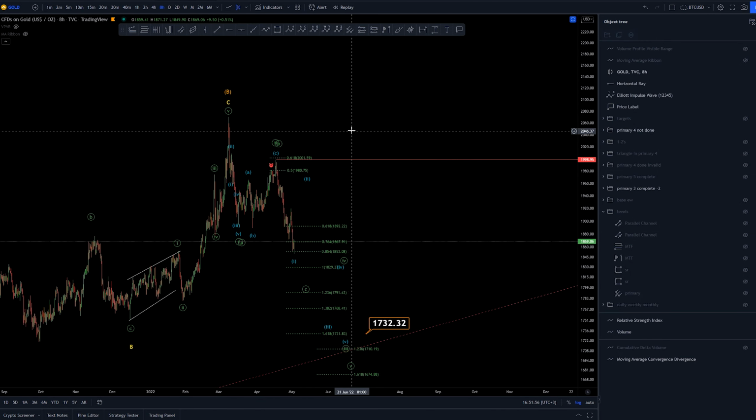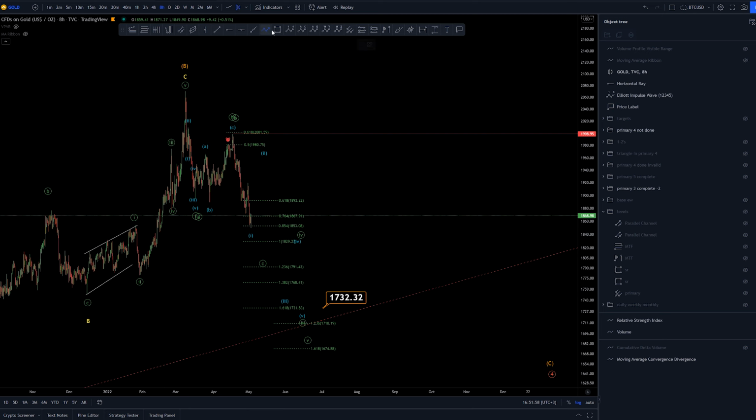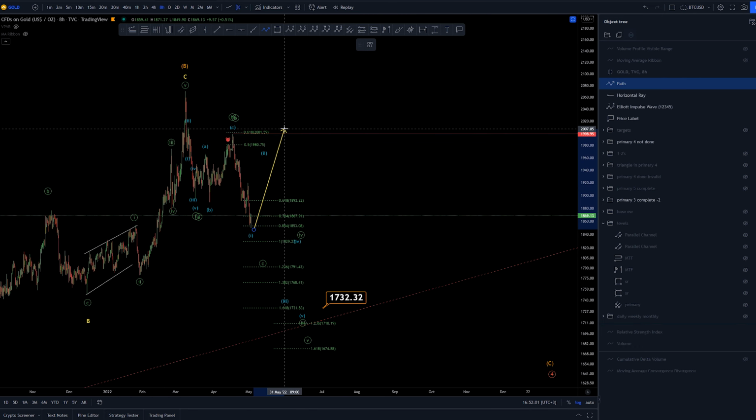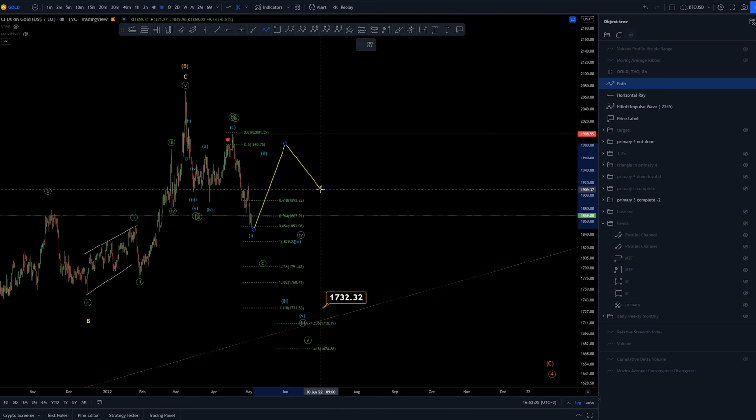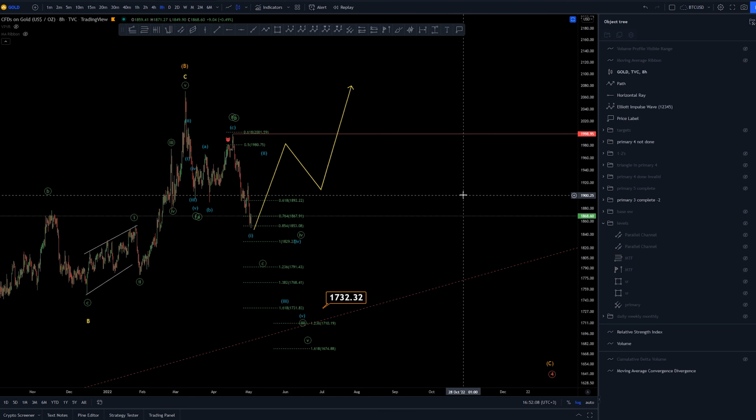At that point, if it goes up here, most likely it is, whichever it can be, 3 waves or 5-way, it doesn't really matter. Let's just say 3 waves like so.